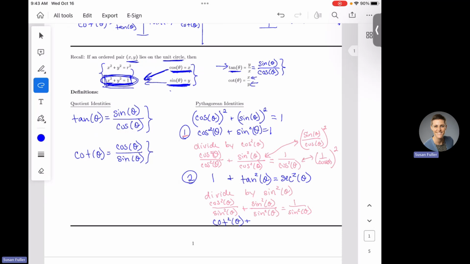Plus sine squared divided by sine squared; anything divided by itself is 1. And then on this side, 1 over sine squared of theta is the reciprocal of sine squared, which is cosecant squared of theta. And this is your third version of your Pythagorean identities.